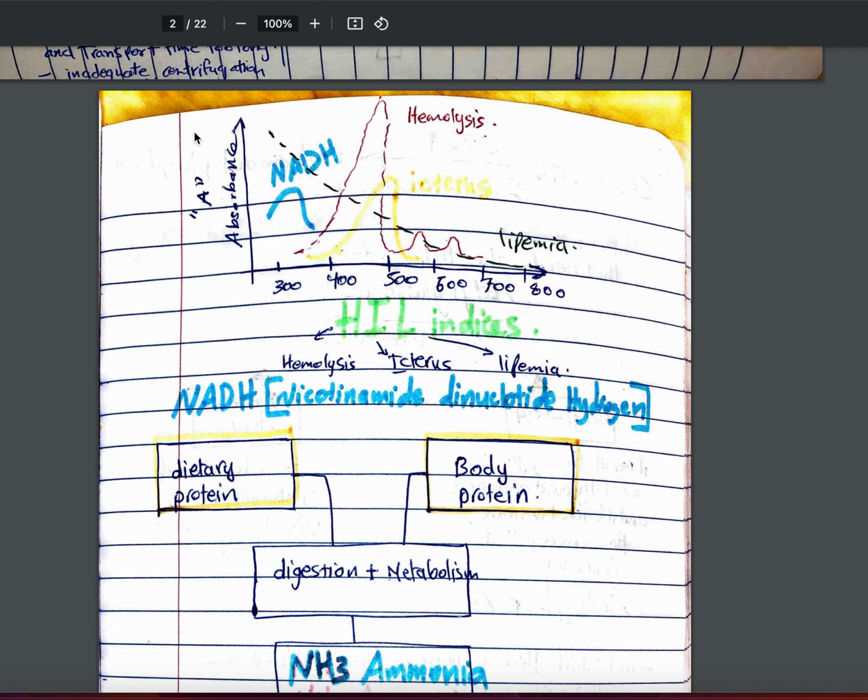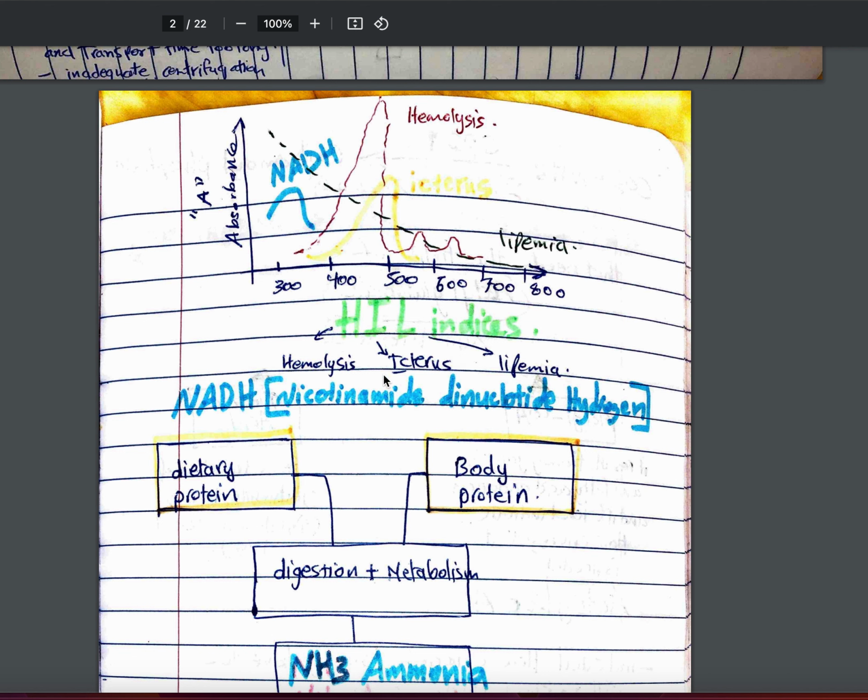These are the absorbances of most things, and we said that hemolysis, icterus, and lipemia are pre-analytic errors and they are interfering factors. We have discussed before the HIL indices, and we said the HIL indices are used to measure hemolysis, icterus, and lipemia, like free hemoglobin, total bilirubin, and lipids.